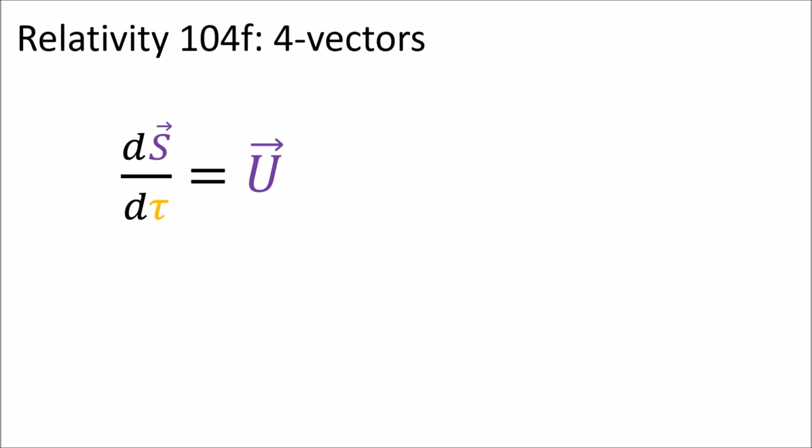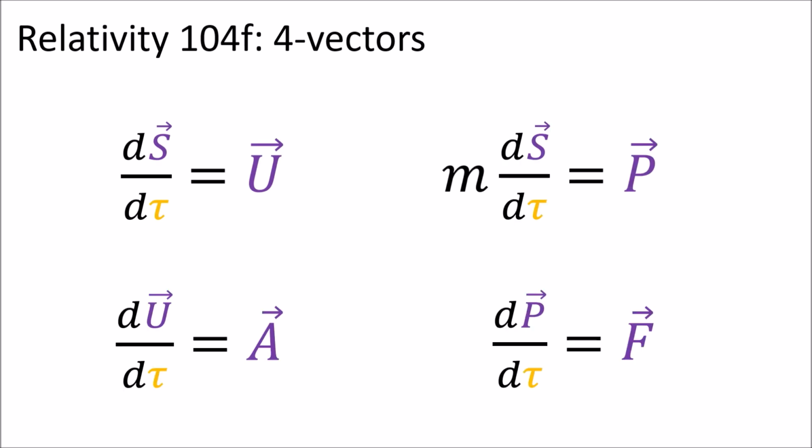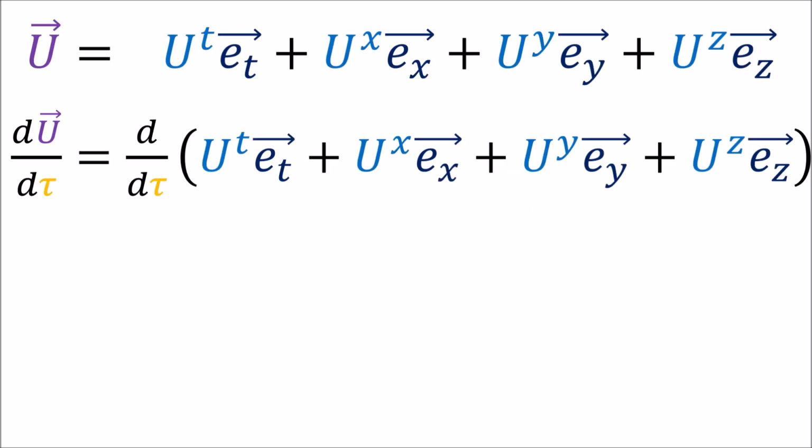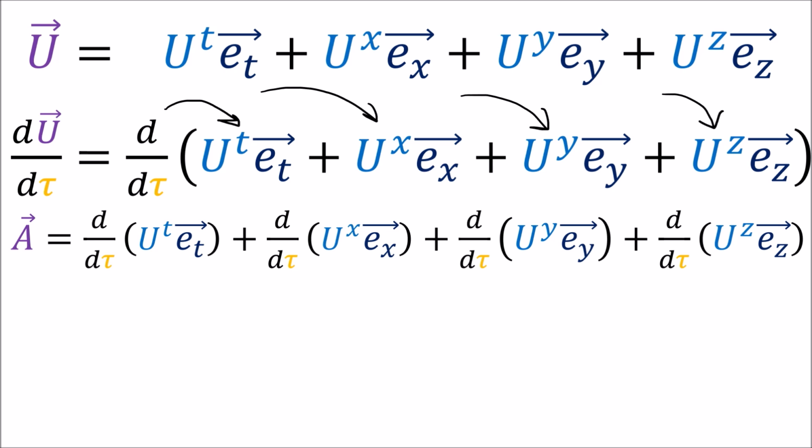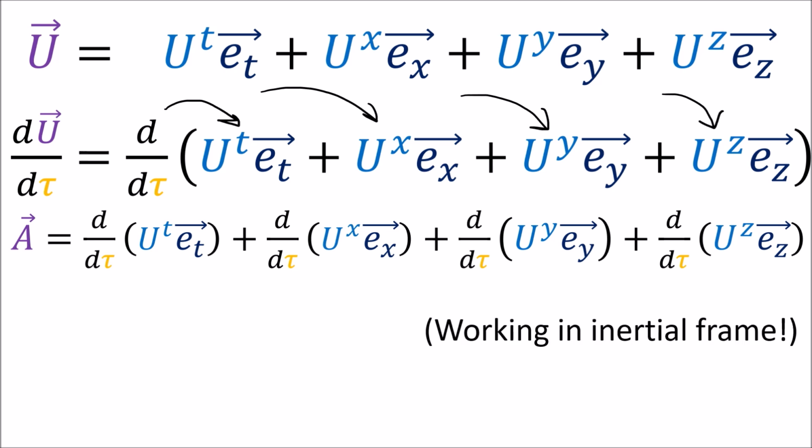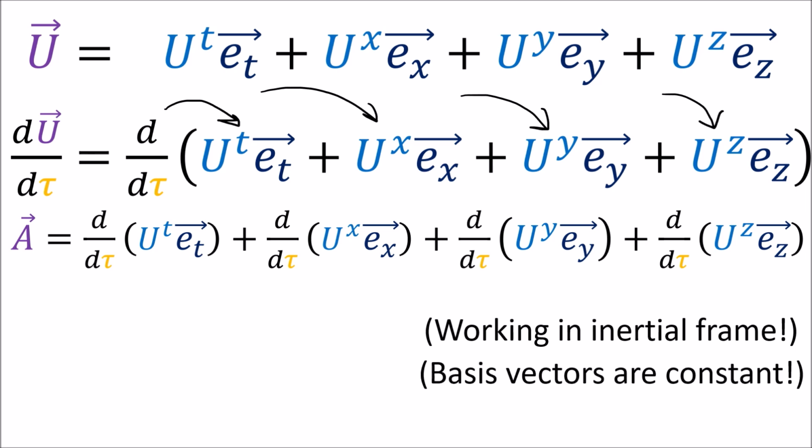In my Relativity 104F video, I did a number of examples of taking derivatives of spacetime 4 vectors. For example, I took the derivative of 4 velocity u with respect to proper time tau to get the 4 acceleration a. However, when I took these derivatives, I was working in an inertial reference frame, where the basis vectors are constant everywhere in spacetime.